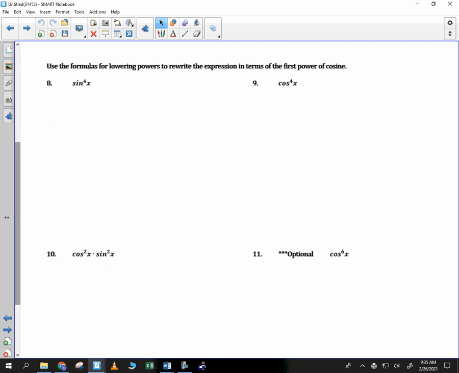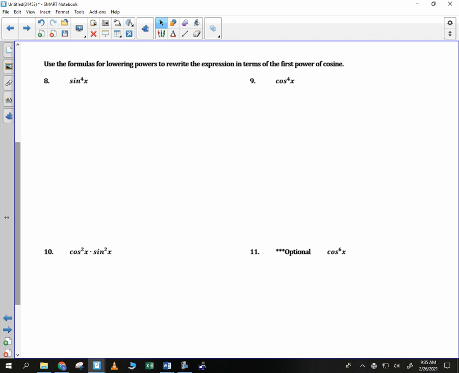So as you look at this part of your homework, it says to lower the power of sine to the 4th of x. Have we already done that? Yeah, we did it, right? So you already have notes to show you exactly how it goes. Try to do it without your notes. If you get stuck, look back at your notes. Get my point? Have you already done number 10? Yeah, if you get stuck, look back at your notes, but try to do it without your notes. Have you done number 9?